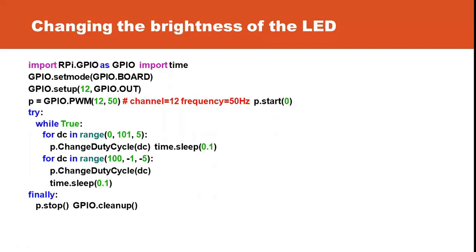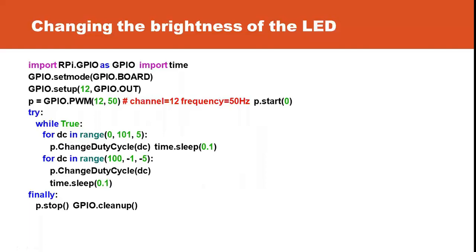Each time we are changing the duty cycle. After each change in frequency, we make the system sleep for 0.1 seconds. As and when we increase the frequency, the brightness will keep on increasing.